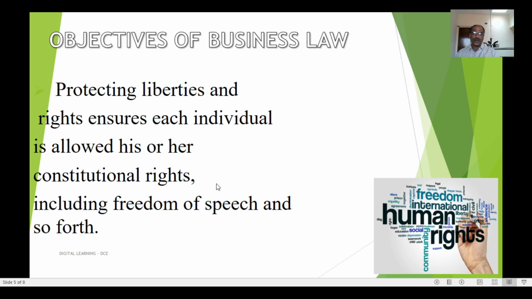Therefore, in order to overcome all this, it is very important that the constitutional rights provided by the Indian Constitution are used properly by human beings, because at the time of framing the laws relating to business, they referred to the Indian constitutional rights provided to the general public, including freedom of speech and so forth.